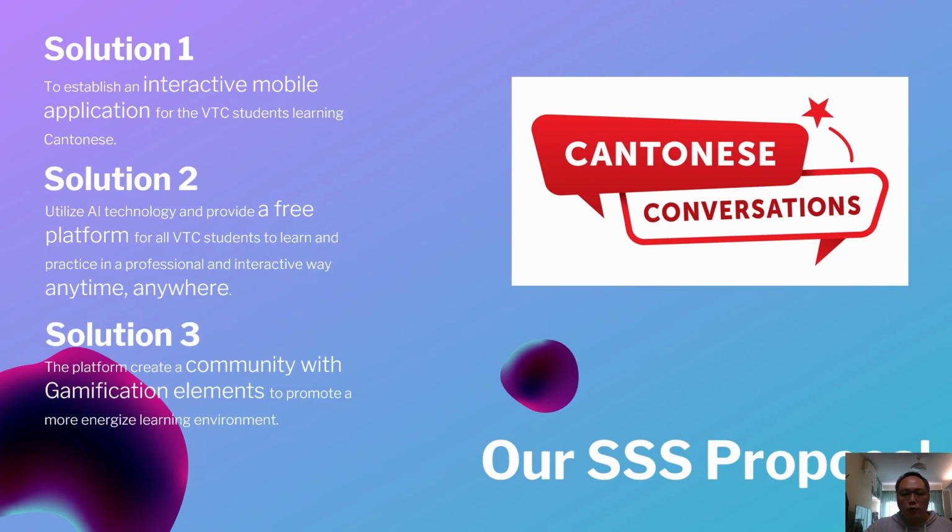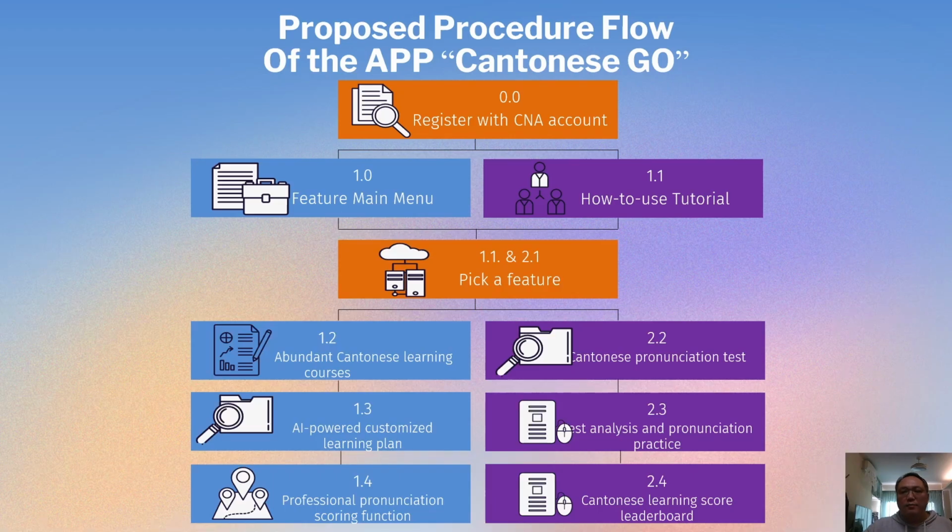And we were going to create a community as well for those learners to communicate with each other, together with some gamification elements in the community, to encourage, promote the learning of Cantonese. Okay, this is the procedural flow of my application design.